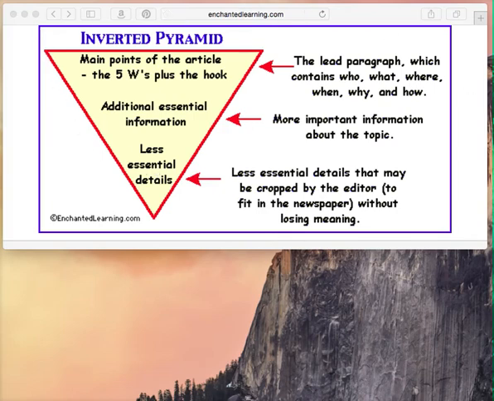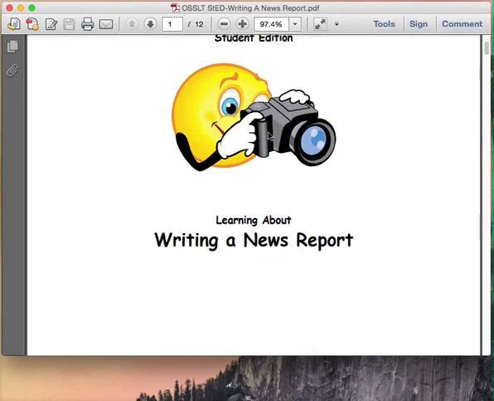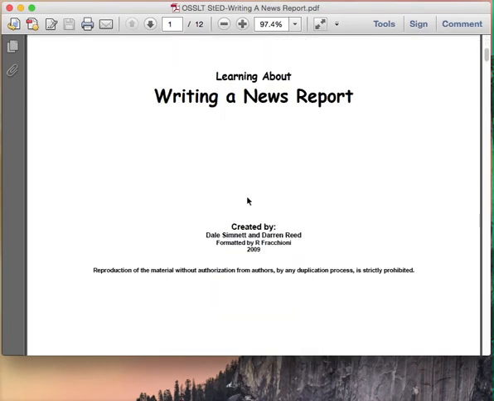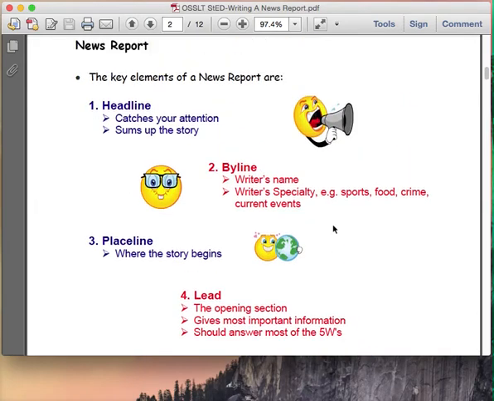One other thing I want to show you before we finish up is a really good resource that I've seen around the Peel board, and I just want to give credit to Dale Simnett and Darren Reed, who created this resource in 2009. In this article, they talk about putting together the news report.